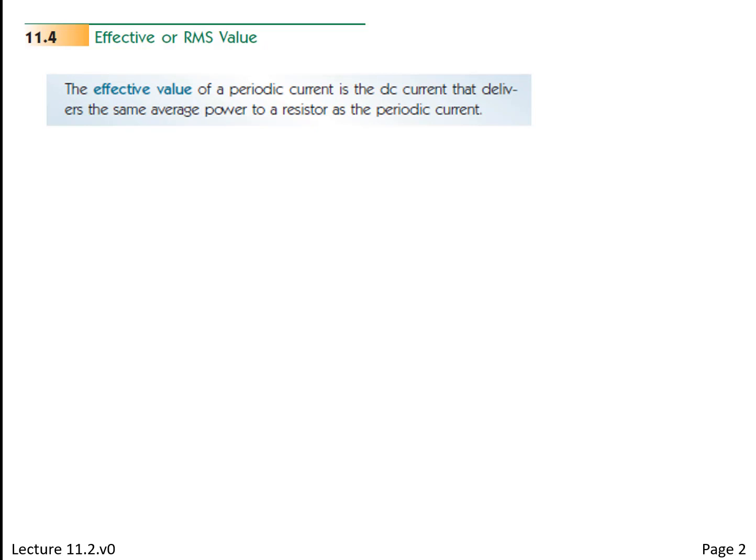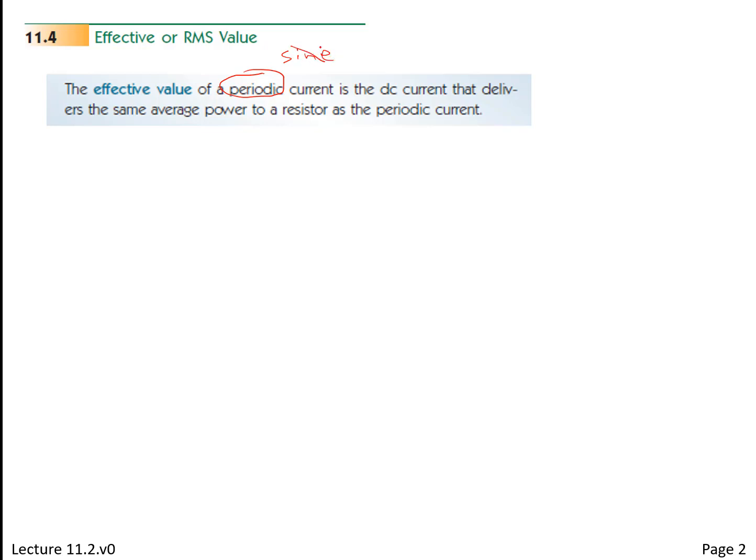So the effective value, I like this statement in the book, so I just copy it and use it, of a periodic current. Now remember, pay attention to the word here, periodic. And this is written in terms of current, but voltage is the same. The effective value, it's periodic. This does not say sinusoidal.